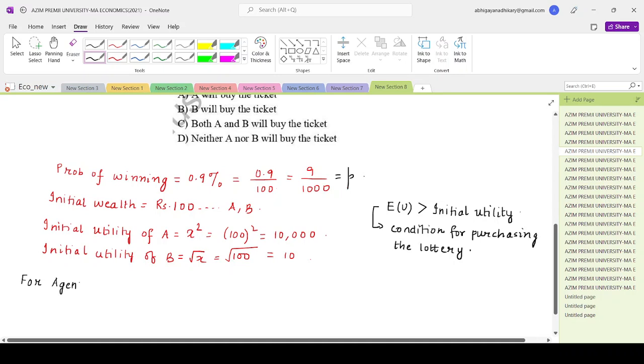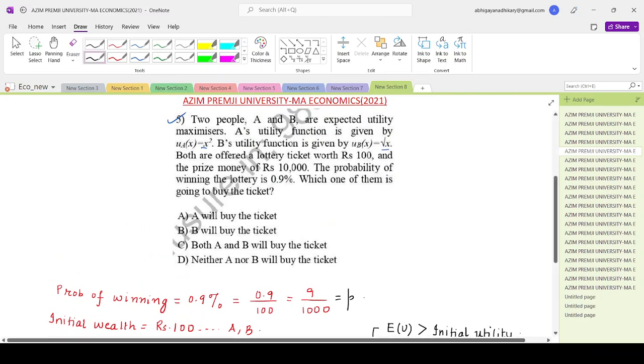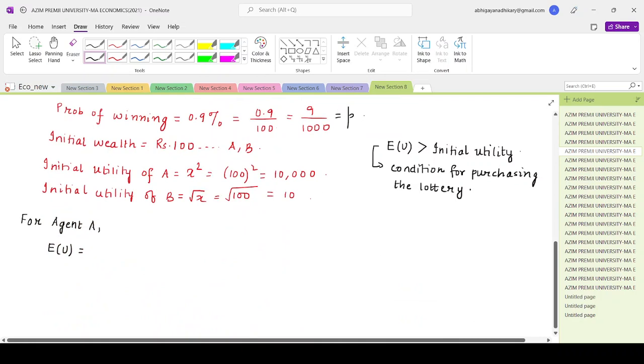How are we going to go about this? So for agent A, what is the expected utility? Agent A's utility is x squared. That means he's a risk lover basically. So UA equals x squared. This is the utility function. So with probability P, we want to see the utility that he will get by winning the lottery. By winning, he will get 10,000, but he has to pay rupees 100.